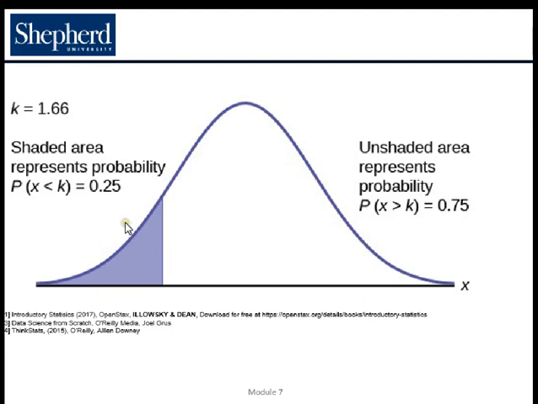So here, for example, we find that the shaded area represents a probability that is less than 0.25, and the unshaded area represents a value of 75% that it's greater than this value k equals 1.66 in this example.